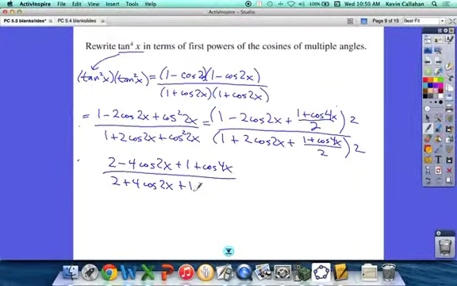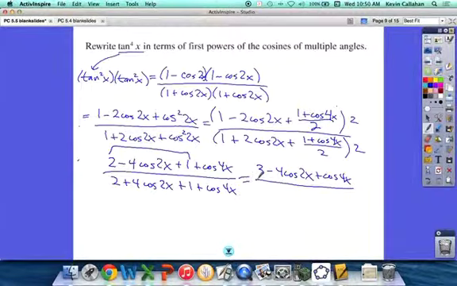Okay, but now there's a little more simplifying you can do, which is the 2 plus 1, combine like terms. So now we'll write it like 3 minus 4 cosine 2x plus cosine of 4x in the numerator, divided by 3 plus 4 cosine 2x plus cosine of 4x. And that's as simple as we can make it.